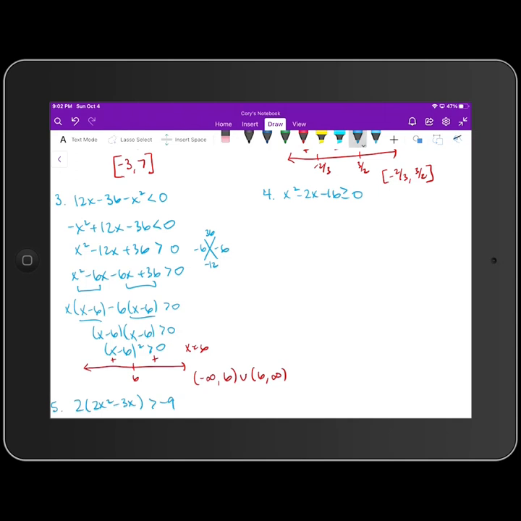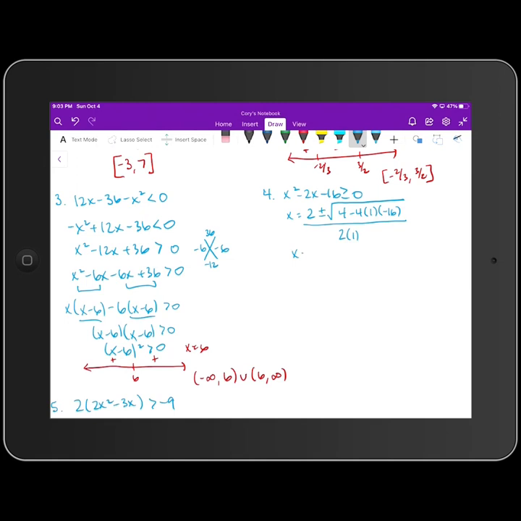Okay, so again, we're going to get x is equal to -b. So -2 is going to be +2, plus or minus the square root of b squared. So -2 squared is 4, minus 4 times a, which is 1, times c, which is -16, all over 2 times a, which is 1.